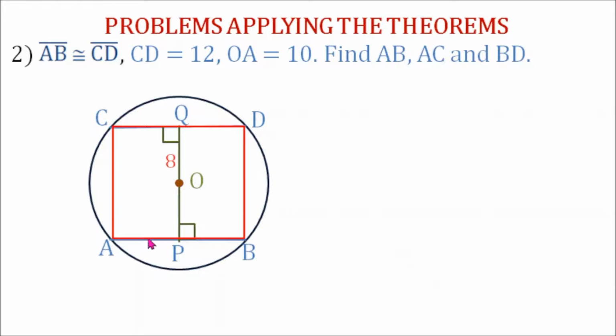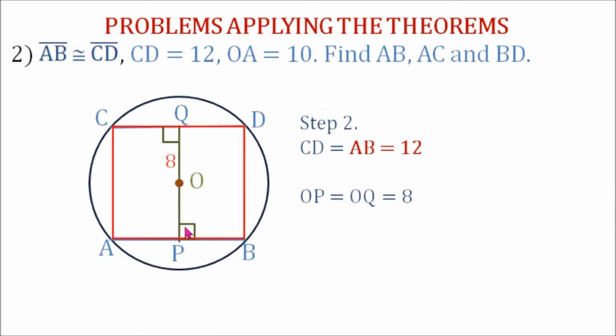Now, we are going to find side AB, side AC, and side DB. We are asked to find the length of the sides of the inscribed quadrilateral ACDB. Now this is our second step. So since CD is equal to AB, this means AB is 12.